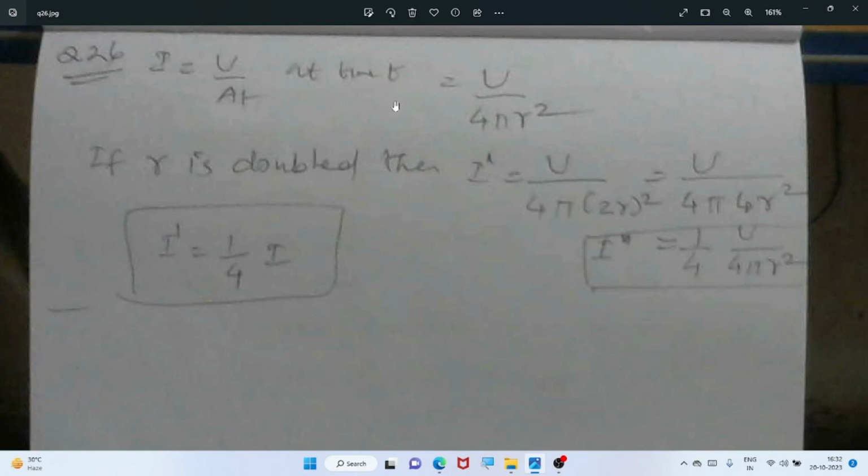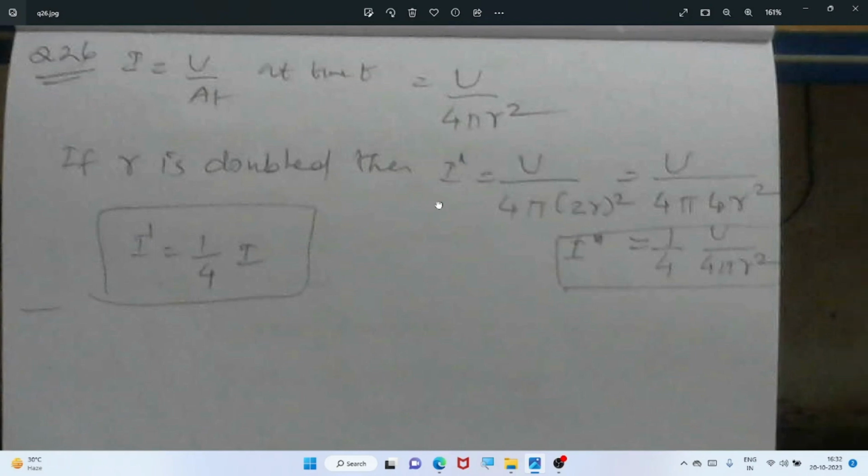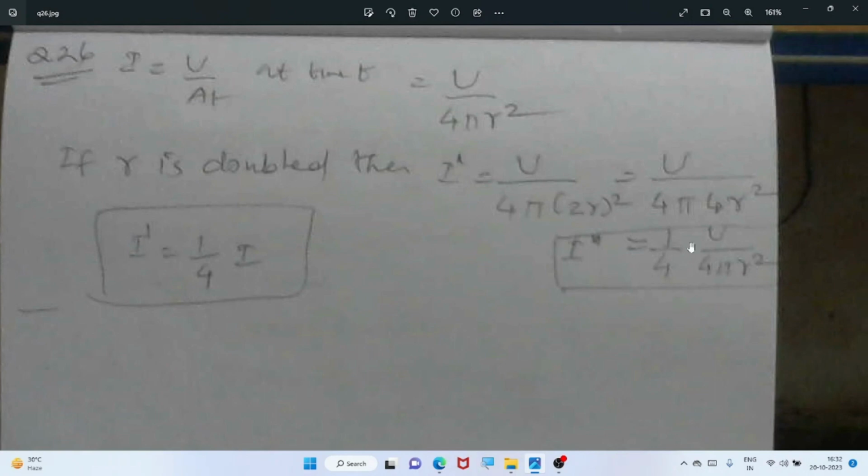So energy divided by the 4 pi r square. If the distance is doubled, r becomes 2r. That means it's 2r square, that is 4 times, so the new intensity will be 1 by 4th of this intensity. So if you double the distance, the intensity will be 1/4 of that intensity.